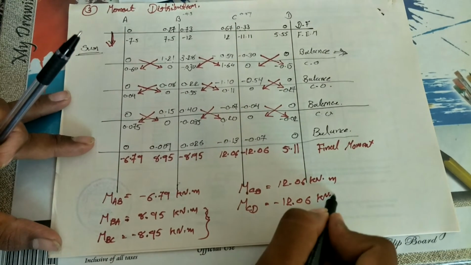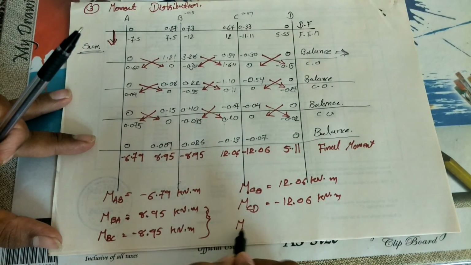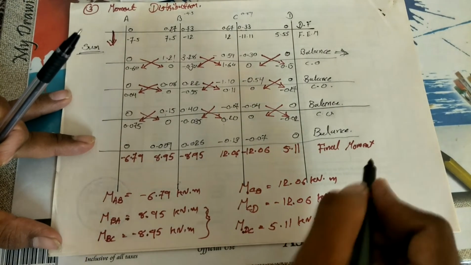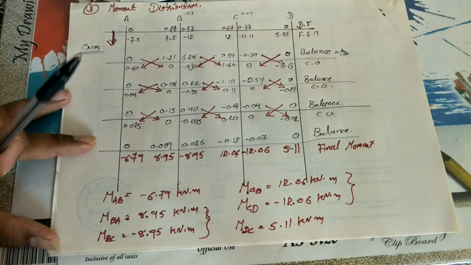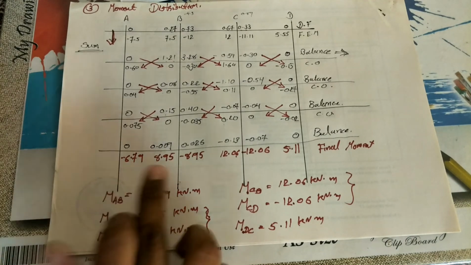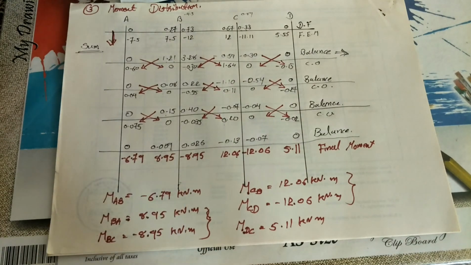And MDC is 5.11 kilonewton meter. These two values are equal and opposite. So in the moment distribution method, you have to remember that at the joints moments are equal and opposite.